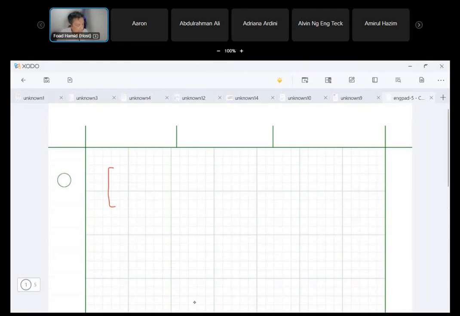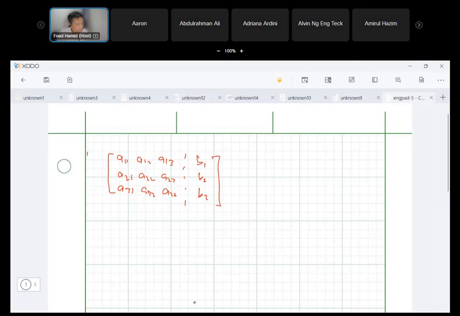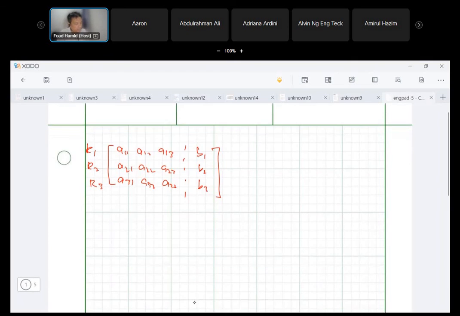So the idea is that we have A11, A12, A13, A21, A22, A23, A31, A32, A33, and then B1, B2, B3. So the whole idea is, let's say this is R1, R2, R3. So this is the first row, second row, and third row, original one.